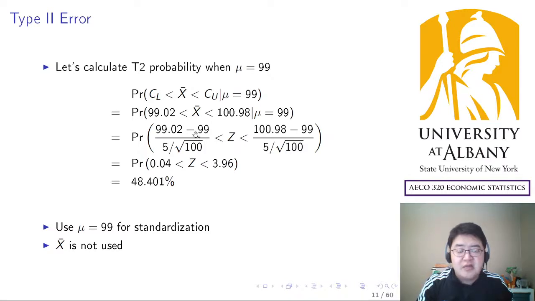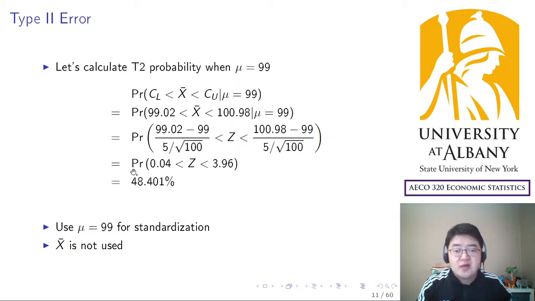Subtract the mean, which is 99, and divide by the standard error. Standard error uses the standard deviation and sample size. It's the same, so there is no difference in the standard error. And if you calculate these numbers, now you have totally new numbers. So you have to find this probability using the standard normal distribution table or Excel.